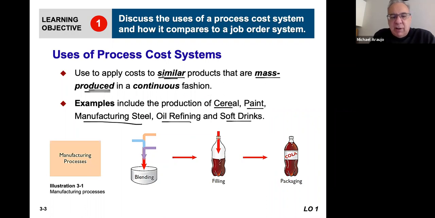These are all similar products. You can't tell one bottle of soda from another, for the most part. It's a mass production. So one bottle of Coke looks like another bottle of Coke.